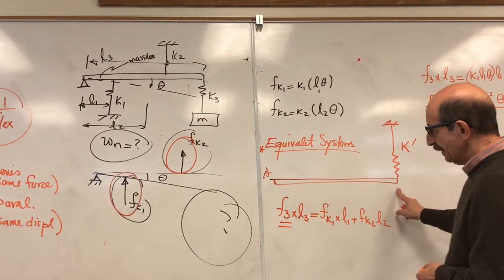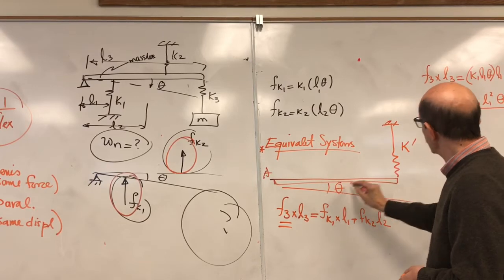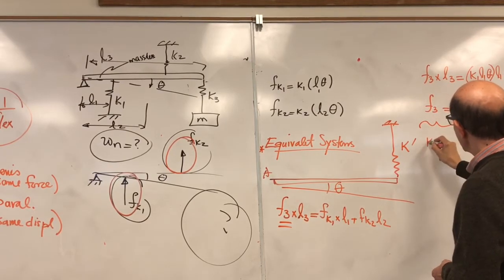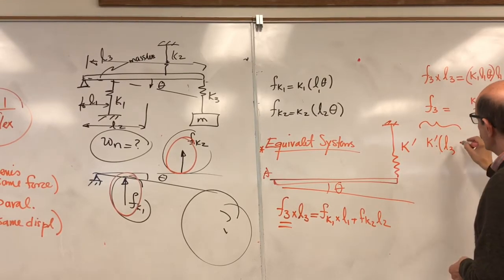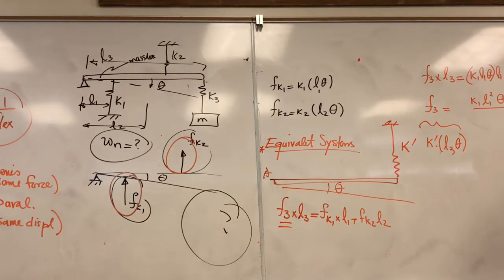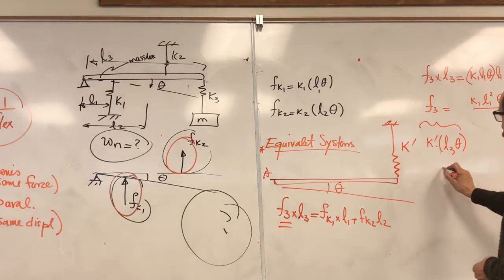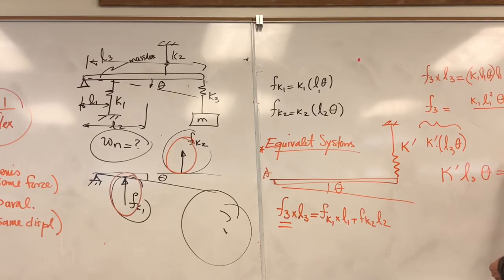So this K prime is going through a deformation, and that force is K prime times L3 theta, right? Therefore K prime L3 theta is equal to K1 L1 squared plus K2 L2 squared, times theta, divided by L3.